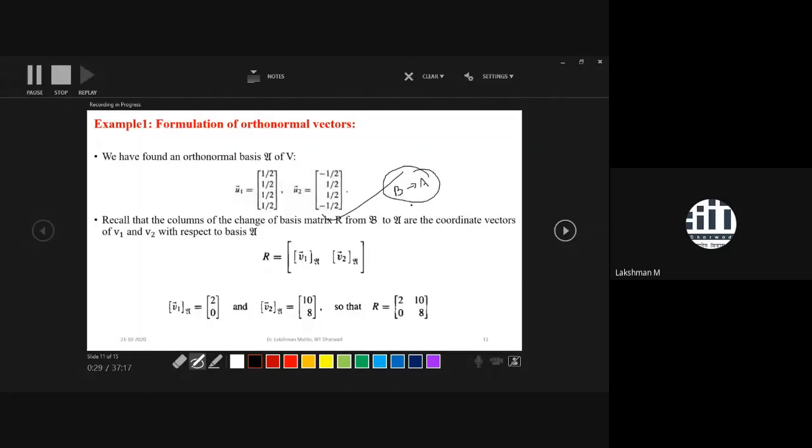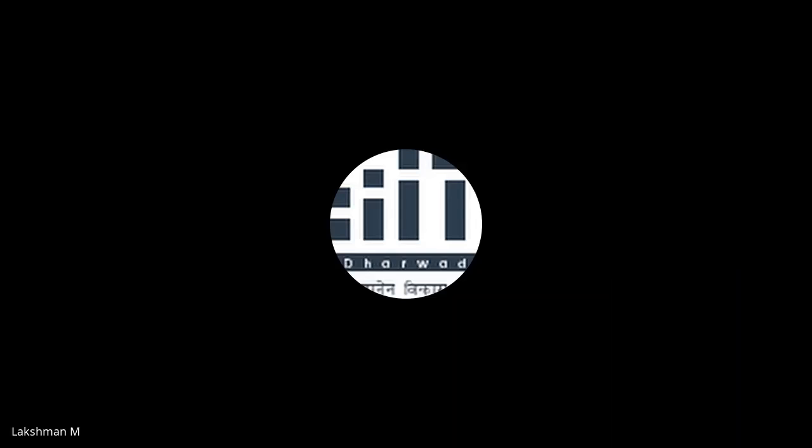In order to find that, take all the basis vectors and find the coordinates of all of them with respect to the new basis. Your new basis is what? The orthonormal basis. So find the coordinates of all the basis vectors with respect to the new basis.